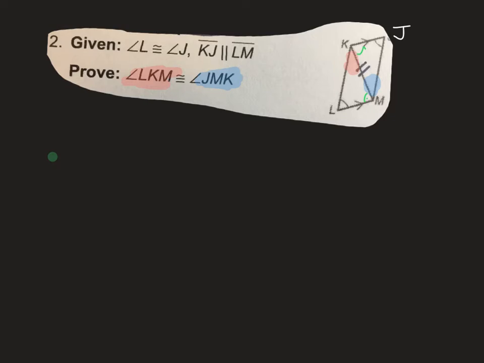So let's see if we can write this out. The idea is that once I show that the two triangles are congruent, I can use CPCTC, corresponding parts of congruent triangles are congruent, and then make my claim that these two angles are the same. So here we go. We're going to say that angle L is congruent to angle J. How do we know that?